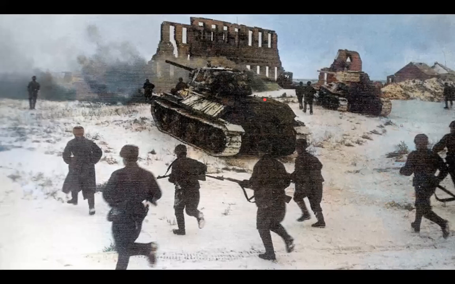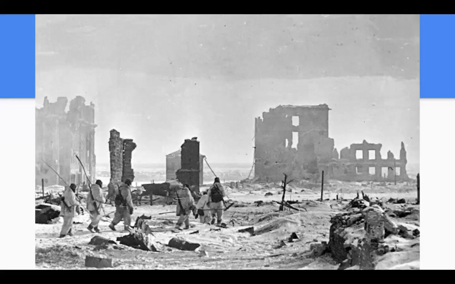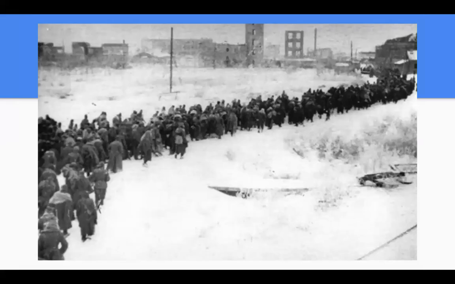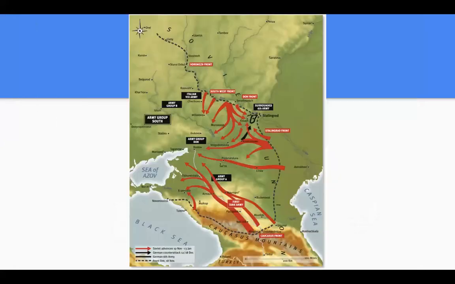Again, fighting in the snow, destruction of Stalingrad, more destruction of Stalingrad, and the Germans surrendering. Because when you get supplies cut off to you, and you run out of bullets, it's not like they're zombies. More surrender. Hitler not happy.